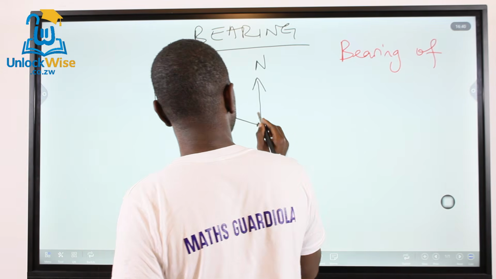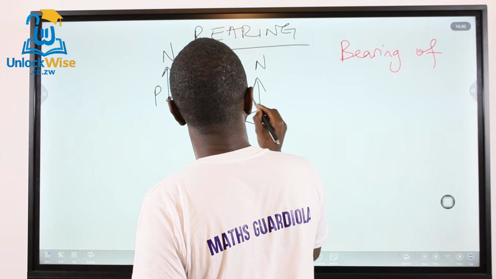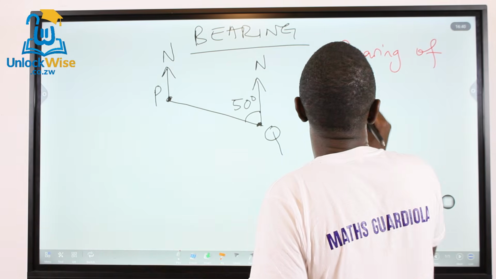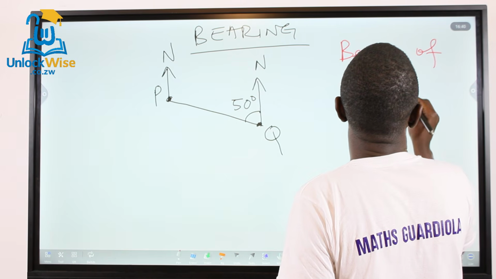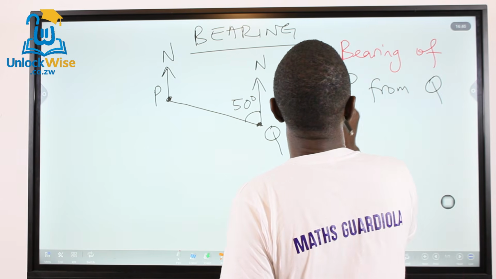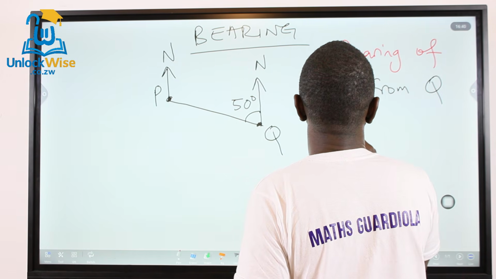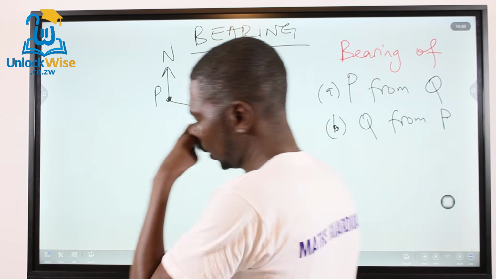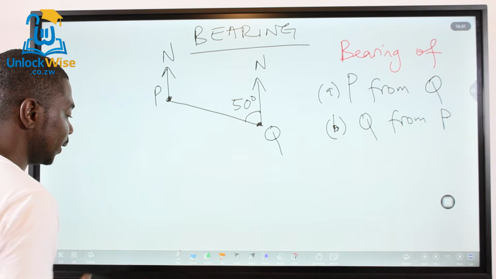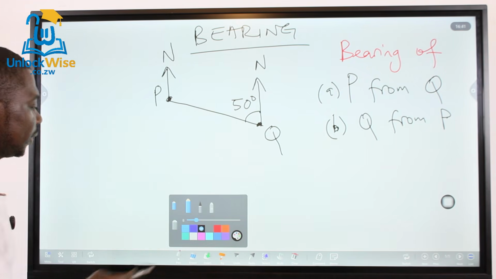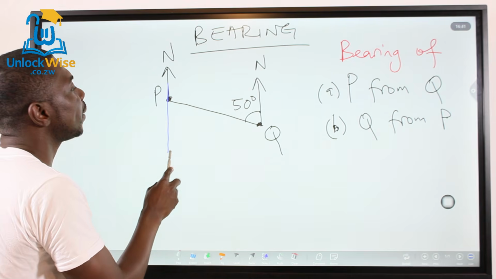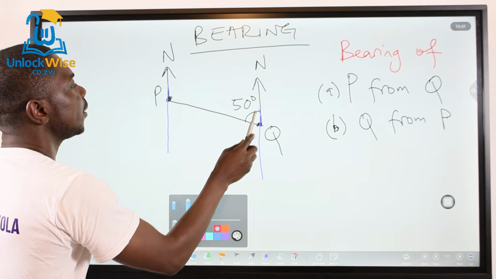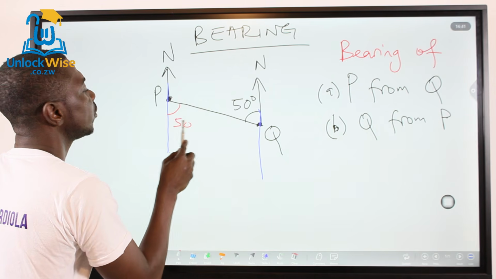And we have an angle which is 50 degrees here. Right. So we want the bearing of P from Q, and we also want the bearing of Q from P. Right. So what I want you to see here is these two will form parallel lines.